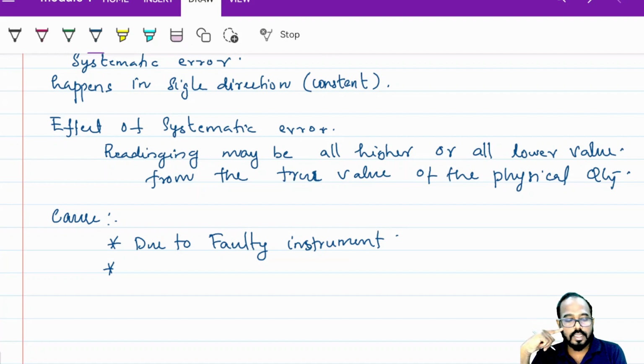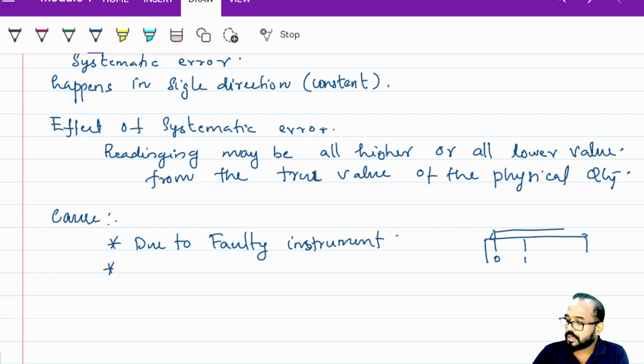One more reason you can say is an error in the measurement process. For example, consider a scale that starts from here to here, 0 to 1 centimeter. Usually, if you want to measure the length, you first coincide one end with 0, then you measure here, say it's 5, then it is 5 centimeter.